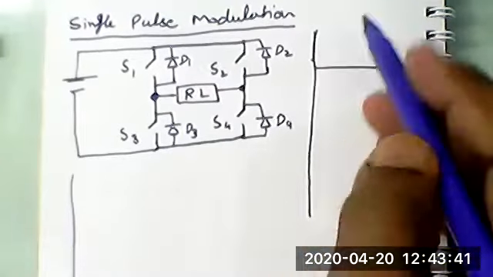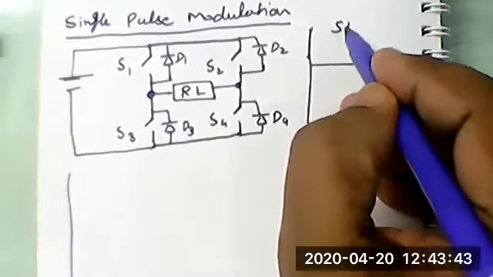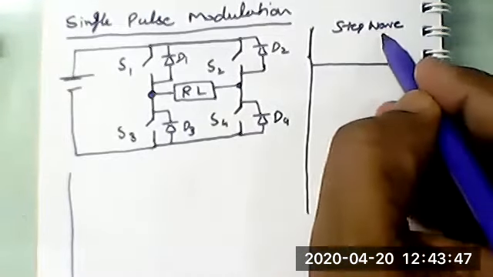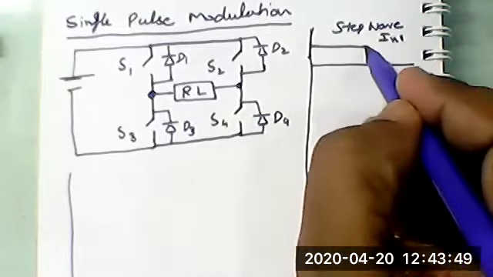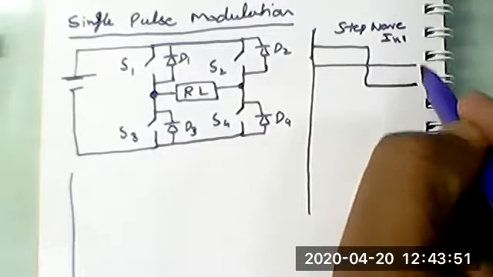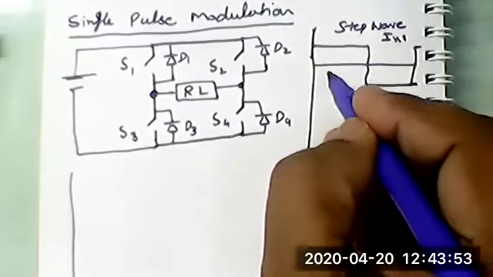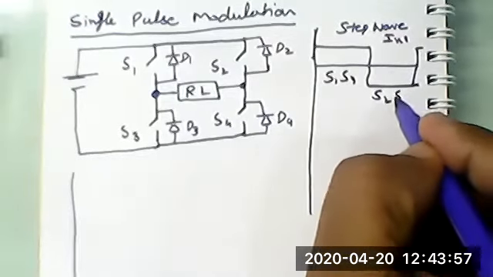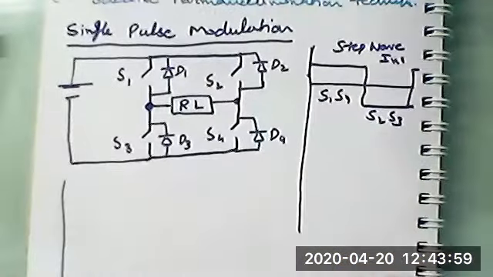The waveform was like this, if you remember, isn't it? Here S1, S4, here S2, S3 were conducting.